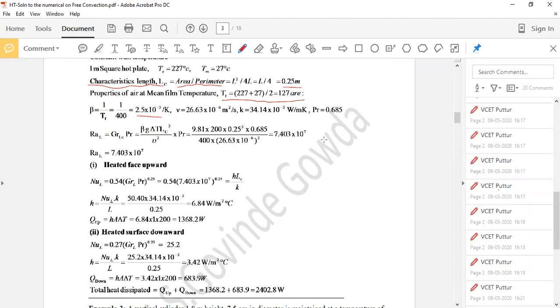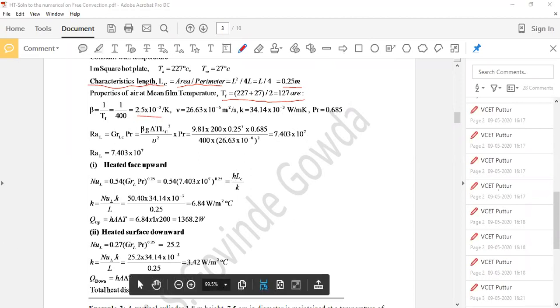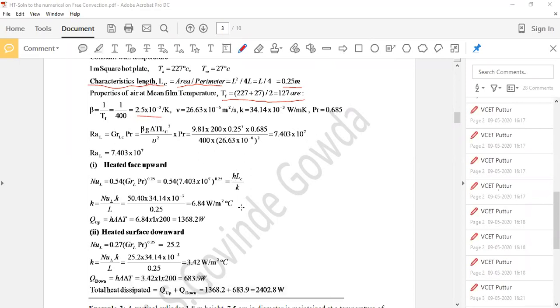So beta you can read, and for 127 degrees centigrade, go back to the air table, where it lies between 120 and 140. By interpolation, one can calculate at 127 degrees centigrade.